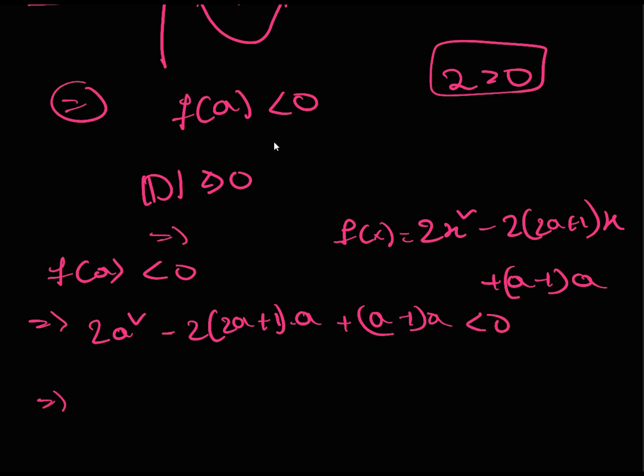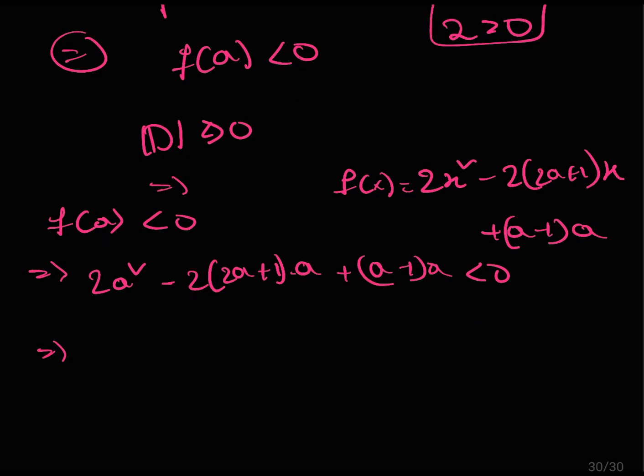That means 2a square minus 4a square minus 2a plus a square minus a should be less than 0.